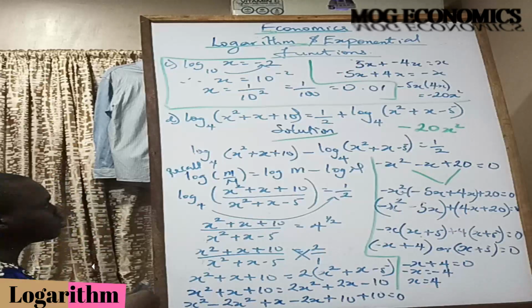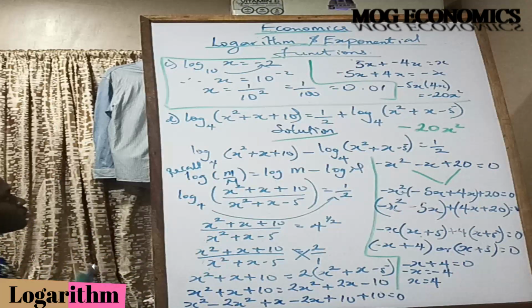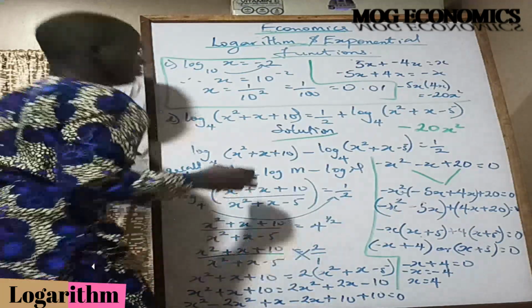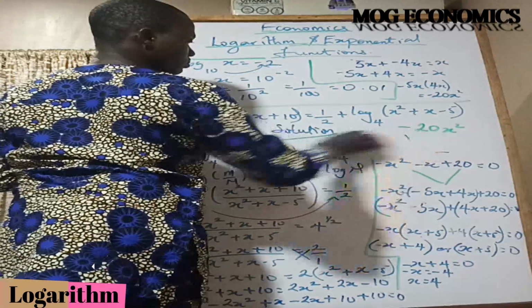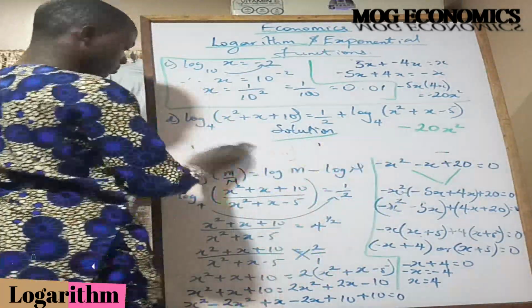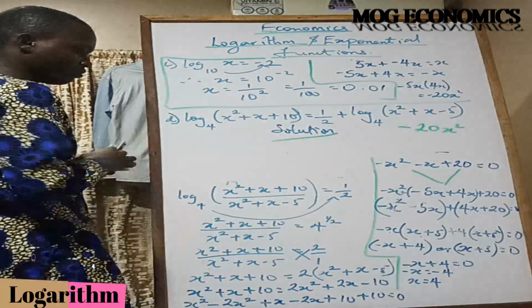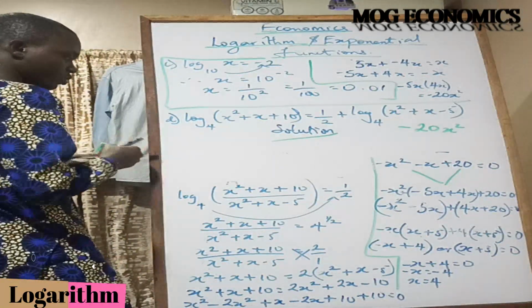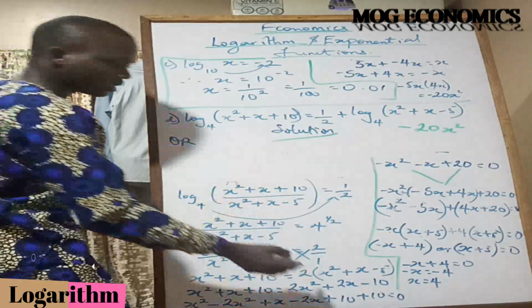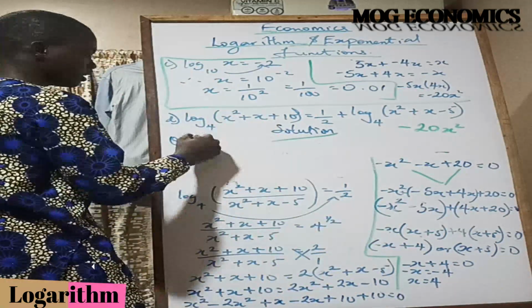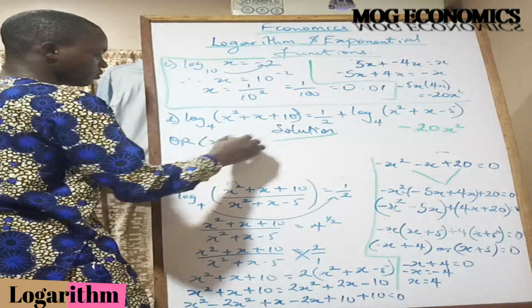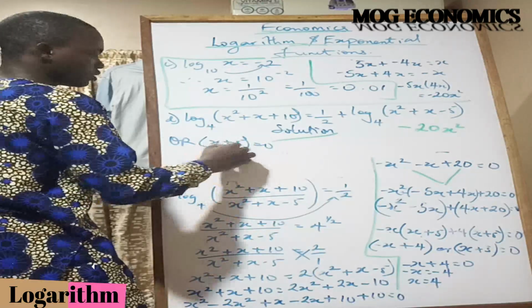Then, or let me just rub this off. All right. So our second one is x plus 5. So x plus 5 equals 0 and x equals minus 5.